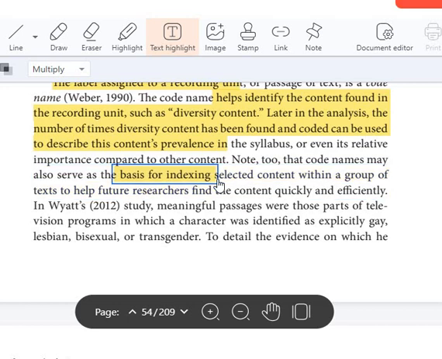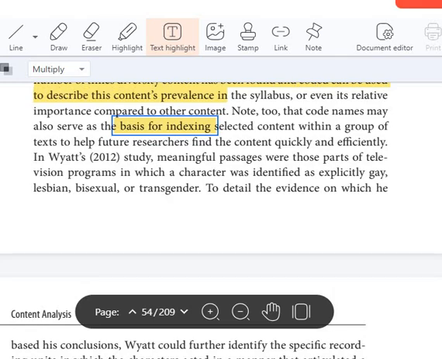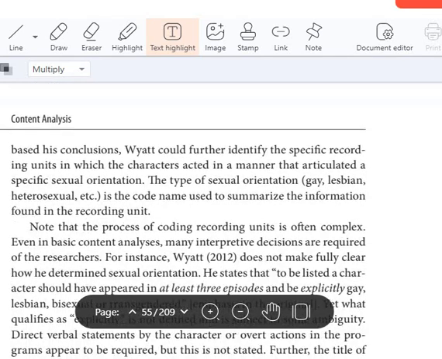So the codes are so important as the unit of analysis. It is the basis for indexing the content within a group of text, and it helps future researchers find the intended purpose so easily.